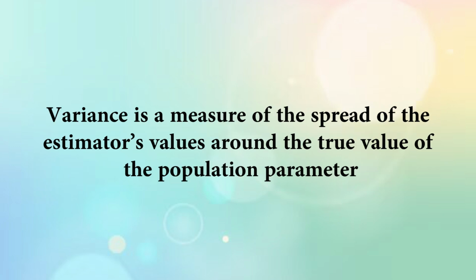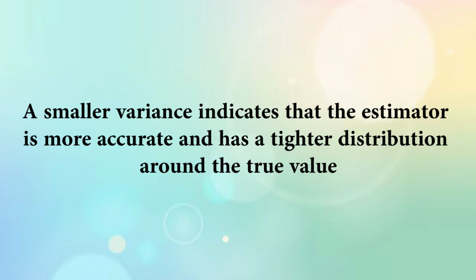Variance is a measure of the spread of the estimator's value around the true value of the population parameter. A smaller variance indicates that the estimator is more accurate and has a tighter distribution around the true value.